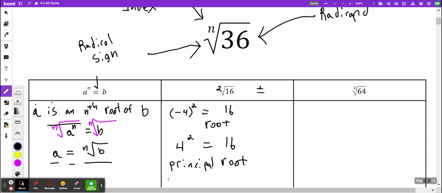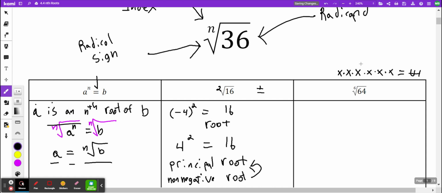Well, let's show another one. This non-negative root. Make sure it's the non-negative root. We call that the principal root. So write this right here, the sixth root of 64. 6 is our index. So that means we have something times itself 6 times, and that will equal 64.